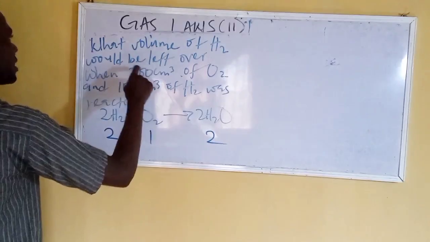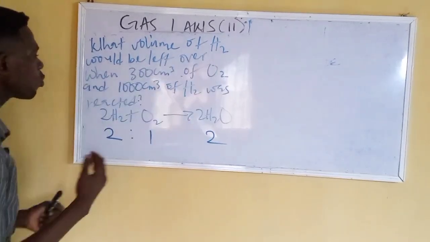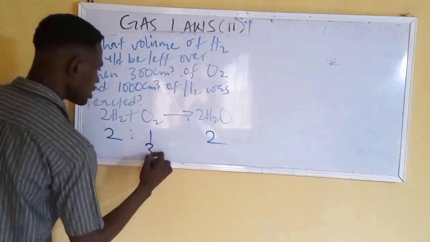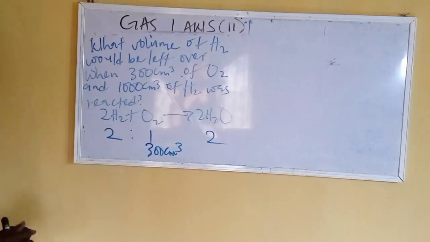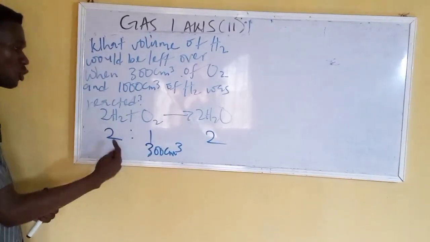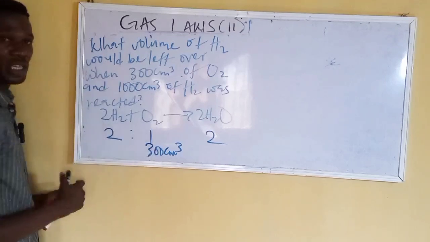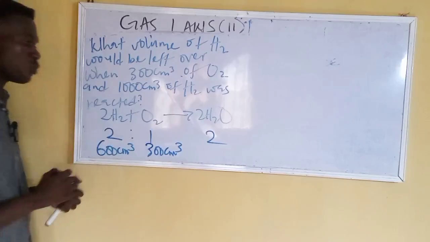Now look at, they said would be left over when 300 centimeter cube of oxygen. So what is actually available to react with hydrogen is 300 centimeter cube. And if you have 300 centimeter cube available, that means if they are to combine in this ratio of 2 ratio 1, what is actually meant to combine with oxygen here will be 600 centimeter cube.